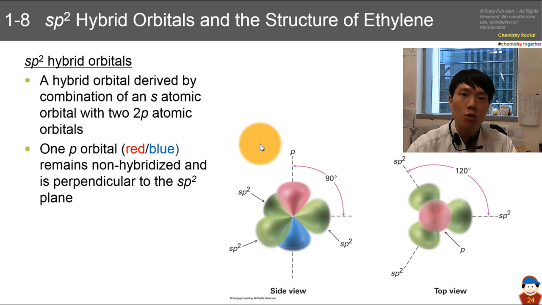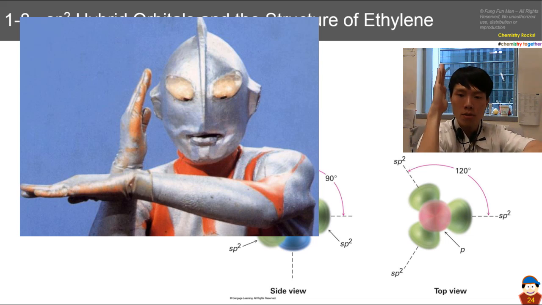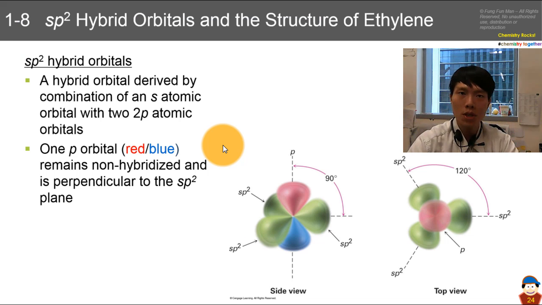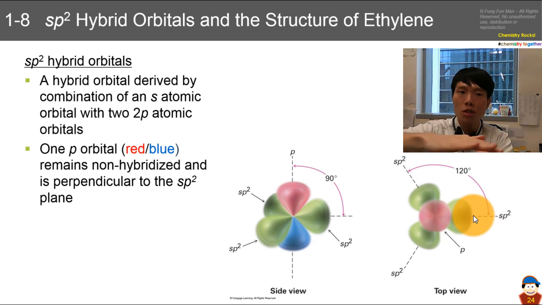This is illustrated by the structure of ethylene, also known as ethene, the first member of the alkene series. You see that the p orbitals are at right angles to each other, but after mixing with the s orbital, you get an angle of 120 degrees, and it is trigonal planar.